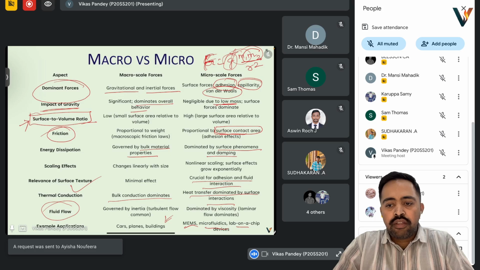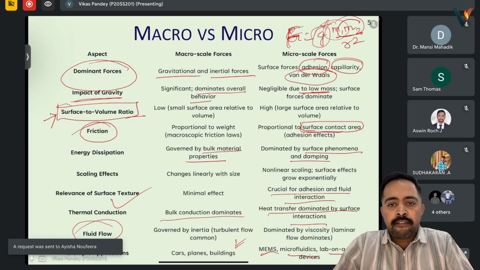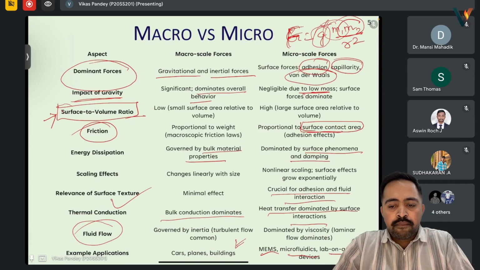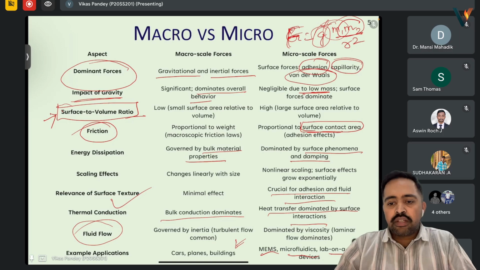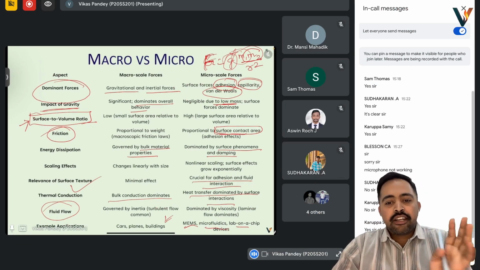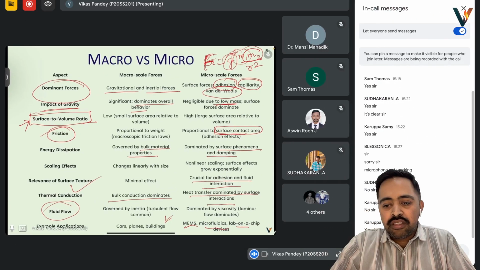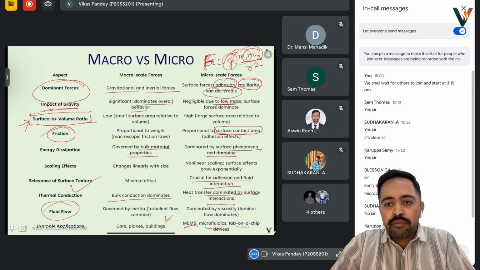And anyone else? No? I cannot see the messages. Please speak up. This is an interaction session, not a messaging session. Yes, I think someone has messaged. Yeah, Karupa Sami, you can unmute and speak up.